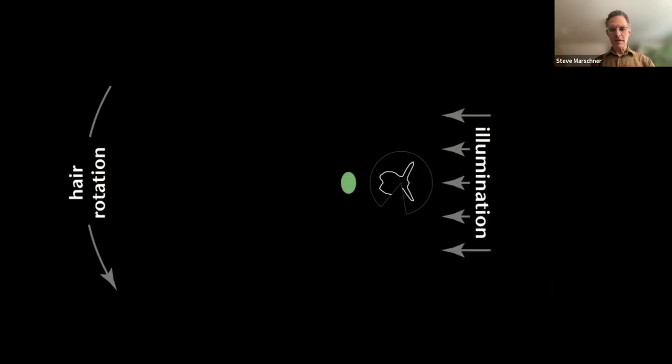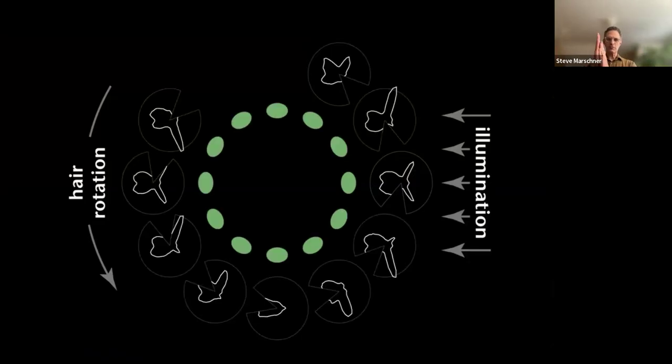And we made some measurements of this effect, where if you take a hair and you rotate it, illuminating it from one side and measuring the light that comes out, each of these little diagrams here is a polar plot of light exiting the hair. You find that hair comes out in these sharp peaks in directions that depend on how you orient it.